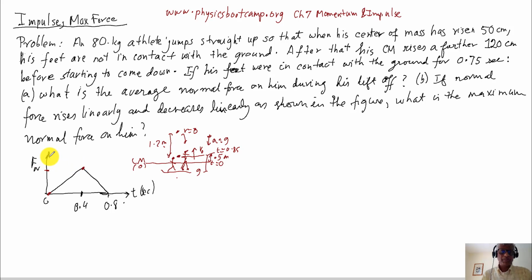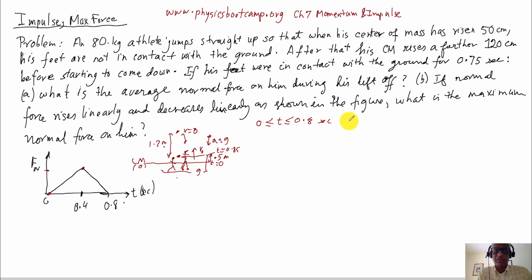Okay, so when you look at this 0.8 second situation, the change in momentum will be equal to impulse, right?